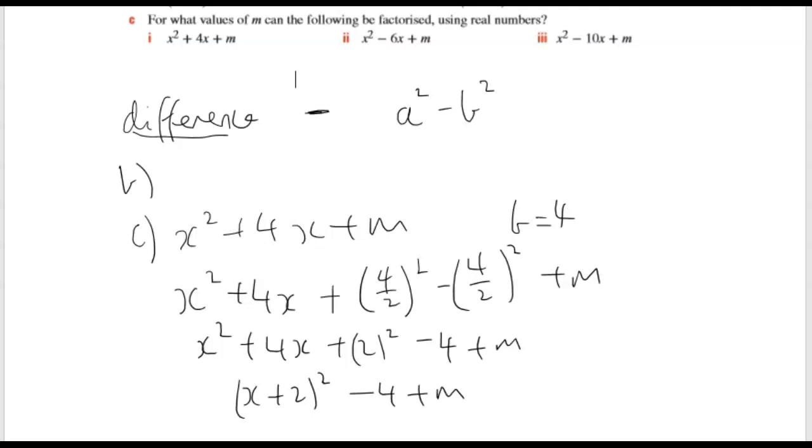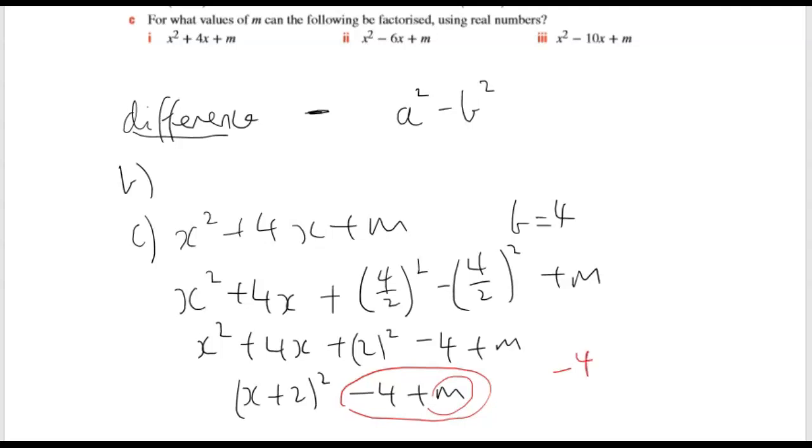Now, remember I said you can only factorize by using difference of perfect squares when there is a negative here. There's a negative at the moment, but if this m changed, it could make it a positive. So basically this whole thing needs to be less than or equal to 0. Sorry, I did it around the wrong way.